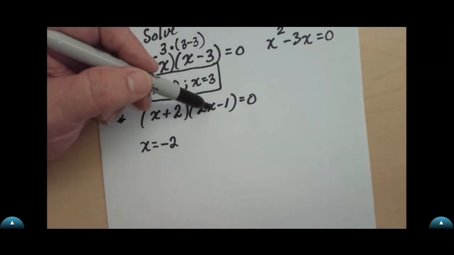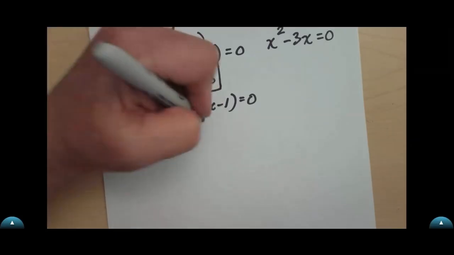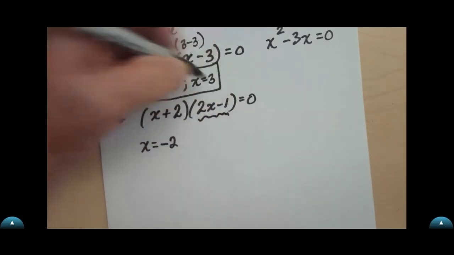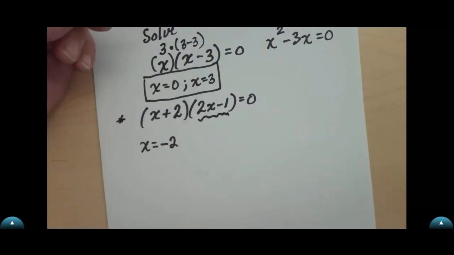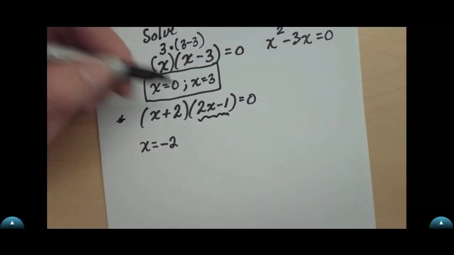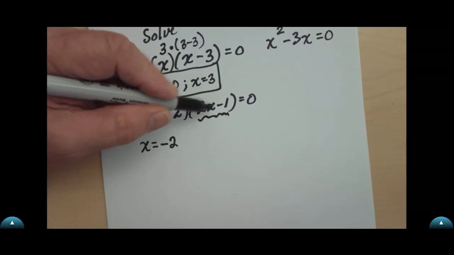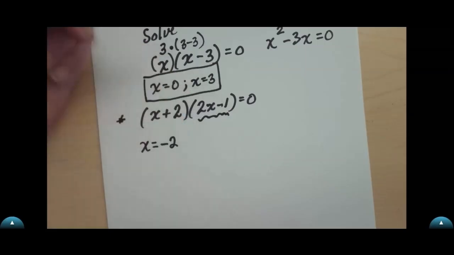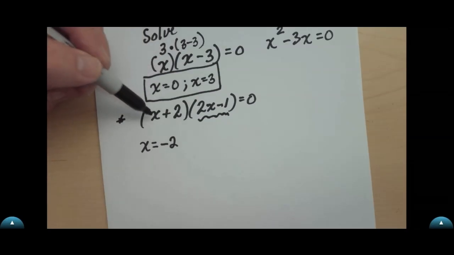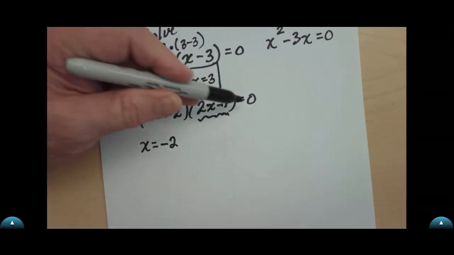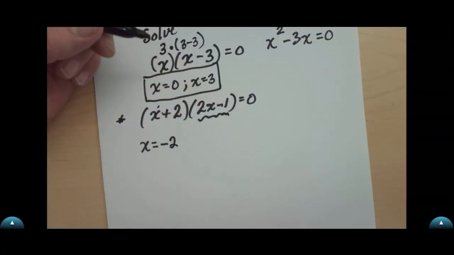I think if I plug negative 2 into the 2x minus 1 factor, I get negative 5. Do y'all agree? 2 times negative 2 is negative 4. Negative 4 minus 1 is negative 5. But does that even matter? Because when I plug negative 2 in the other factor, I got 0. And 0 times negative 5 is 0.